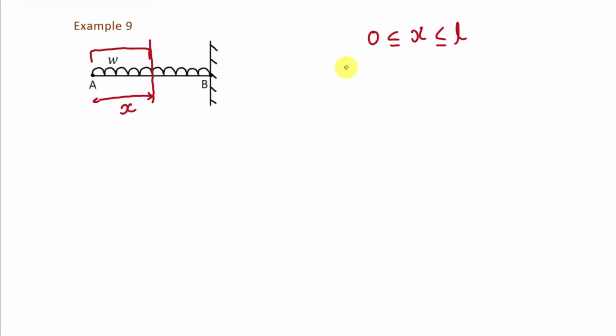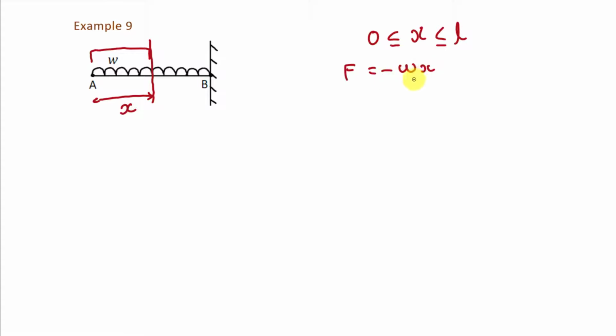We know that total load will be equal to area of the uniform distributed load diagram, this load into this distance, that is the area of load diagram, right? So it will be equal to W into x, and it is in downward direction, so we will take it negative. I hope you remember it, right?